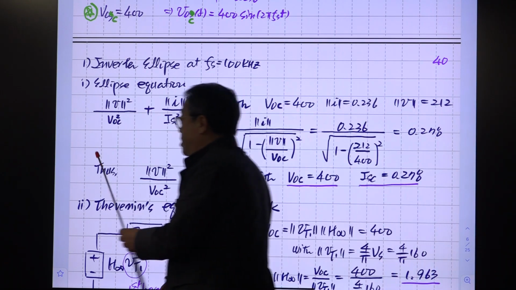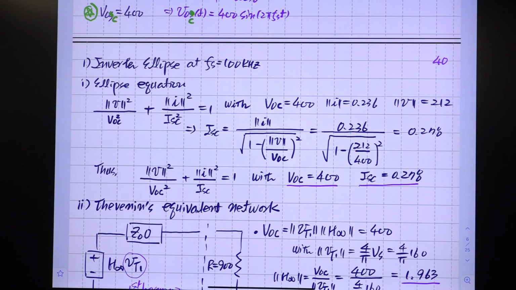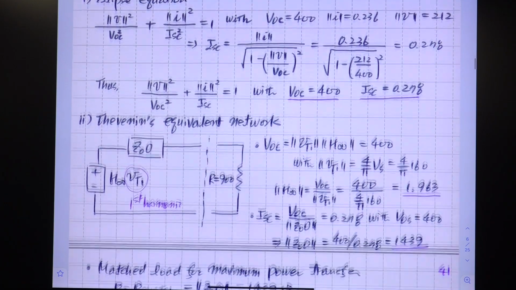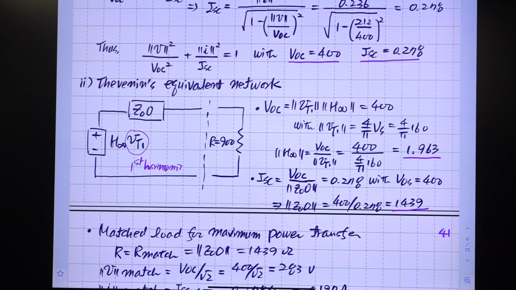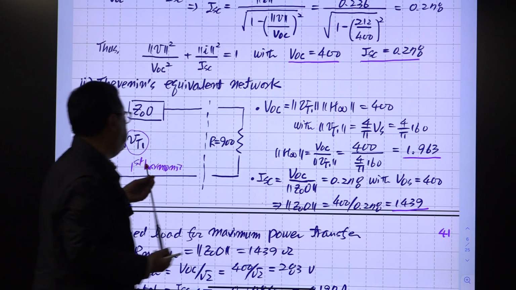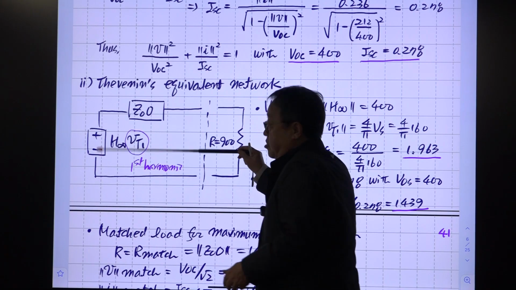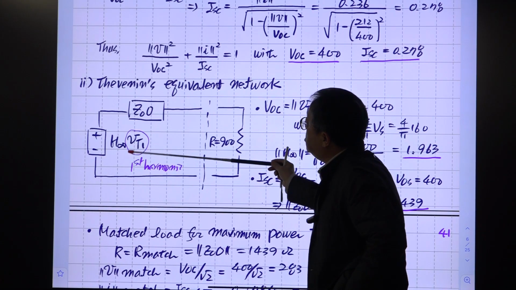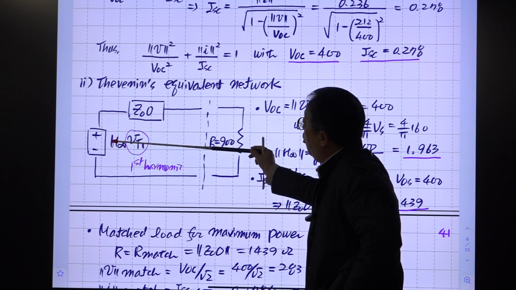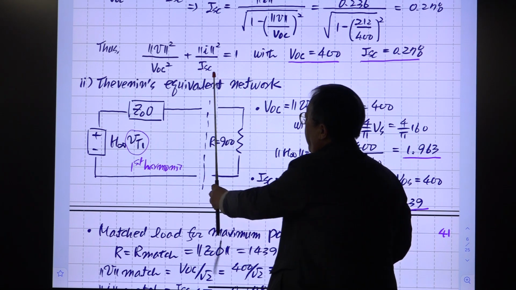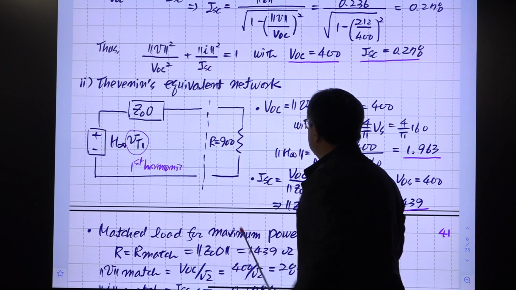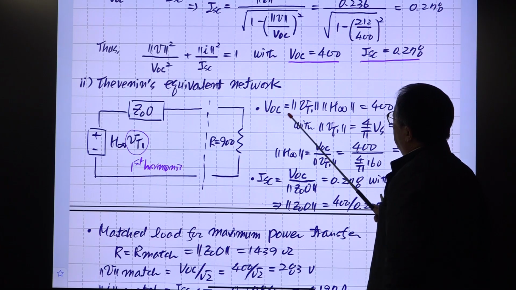And next step, this is Thevenin's equivalent representation of the tank circuit. So we should know this, GOO. This is the output impedance evaluated with this circuit. And this is the open circuit voltage gain of the tank circuit. All right. So we know this.